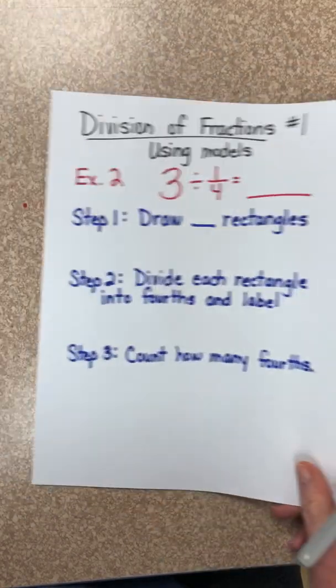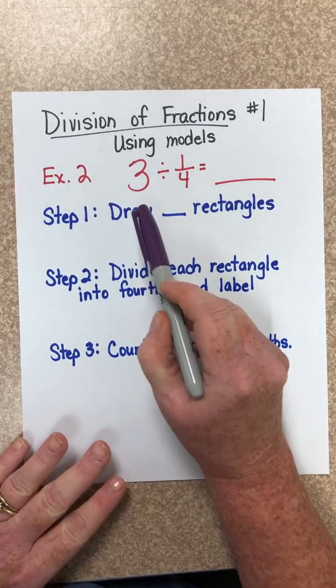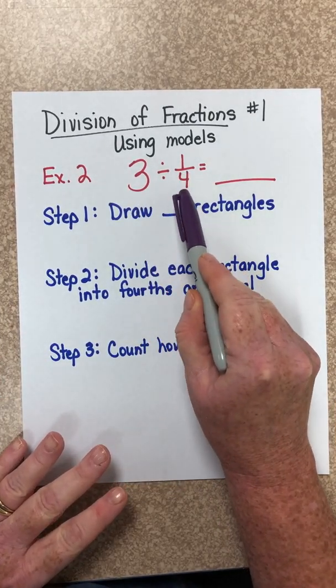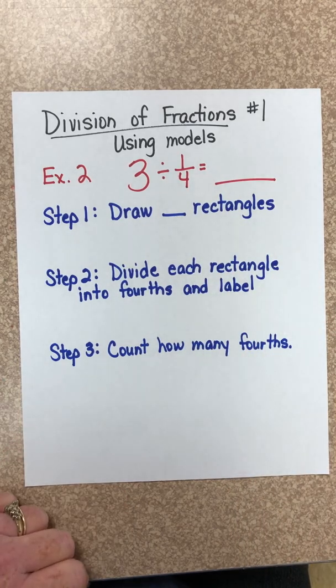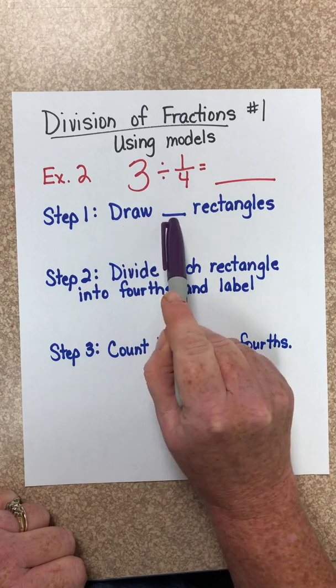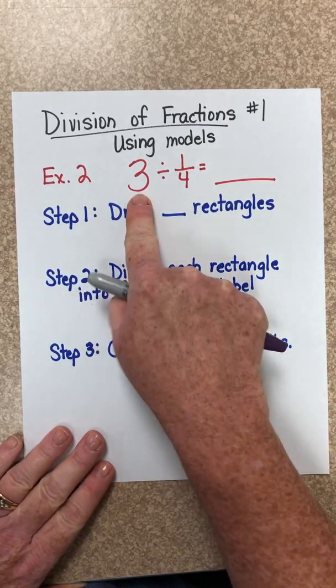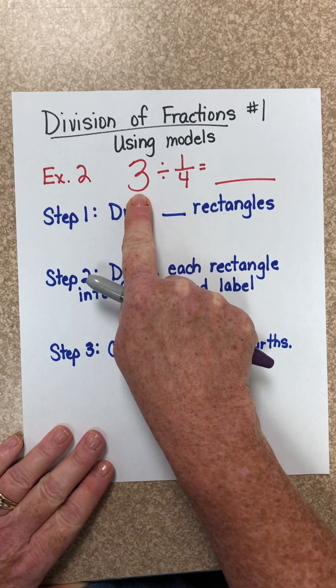Well, let's look at another example just to be sure we understand what to do. This example is 3 divided by 1/4, and we're going to find the answer. First step is we're going to draw how many rectangles. We always look at the first number. In this case, it's going to be a whole number, dividend, and it's 3.